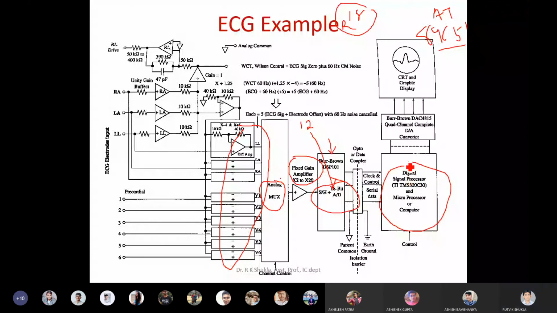particular block. This block, as you have studied microprocessor so far, that is the first thing which came into existence.